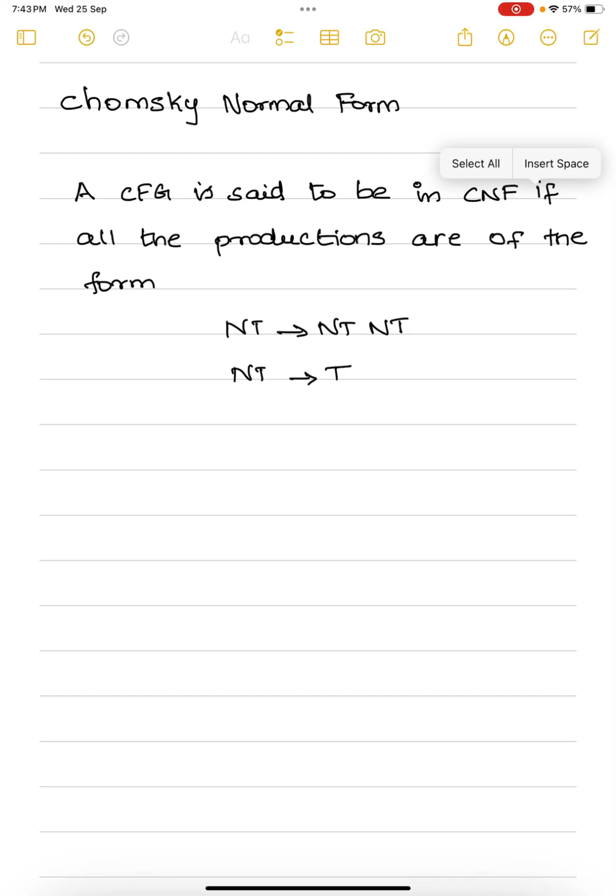Chomsky normal form. A context-free grammar is said to be in Chomsky normal form, CNF, if all the productions are of the form non-terminal tending to two non-terminals, or non-terminal tending to a single terminal.